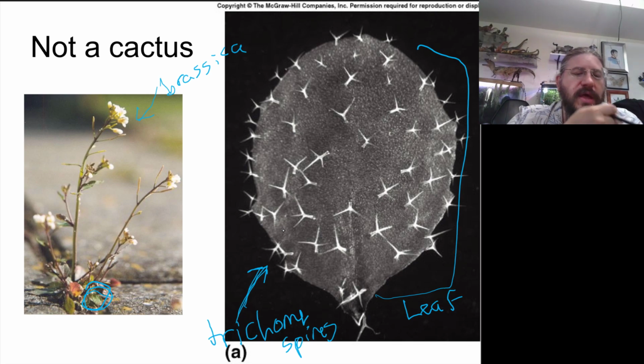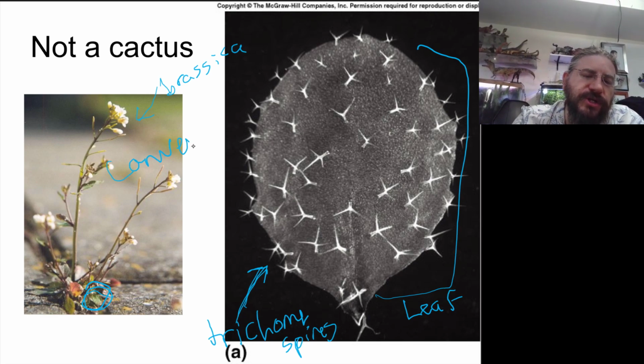So what do we call this one, folks, when you have a similar evolutionary adaptation that occurs in two very different lineages? When two lineages converge on a solution, on an adaptation, convergent evolution.